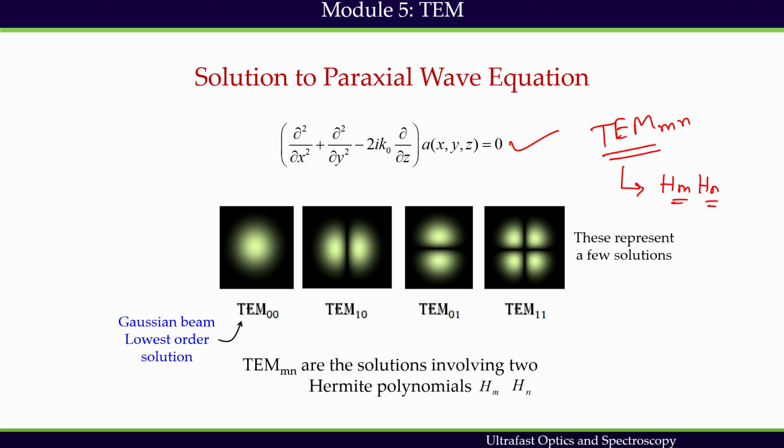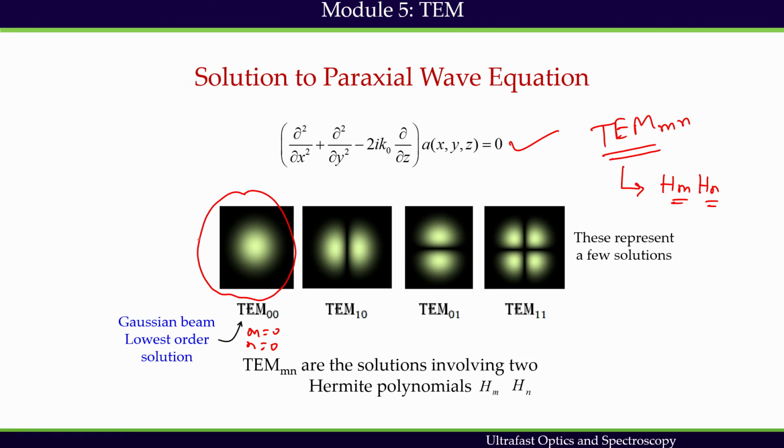The lowest order transverse electromagnetic mode we get when m equals 0 and n equals 0, and that is why this lowest order solution is called transverse electromagnetic mode 00, TEM 00 mode.